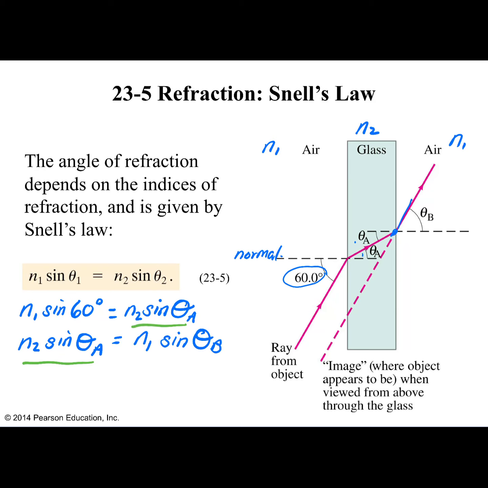So we could set those equal to each other in this equation, and we end up with n1 sine 60 degrees is equal to n1 sine theta B. The solution to that is theta B is equal to 60 degrees. So it turns out that this angle here is 60 degrees.